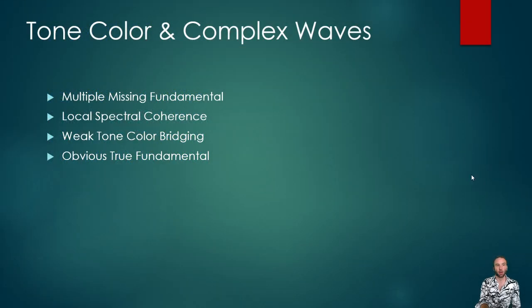And those four parts are the multiple missing fundamental, local spectral coherence, weak tone color bridging, and the obvious true fundamental. So I remember when I read these terms they seemed a little convoluted at first, but they're actually really descriptive, and it's really helpful to know all of them all the way through. So let's look at each one of them in turn.